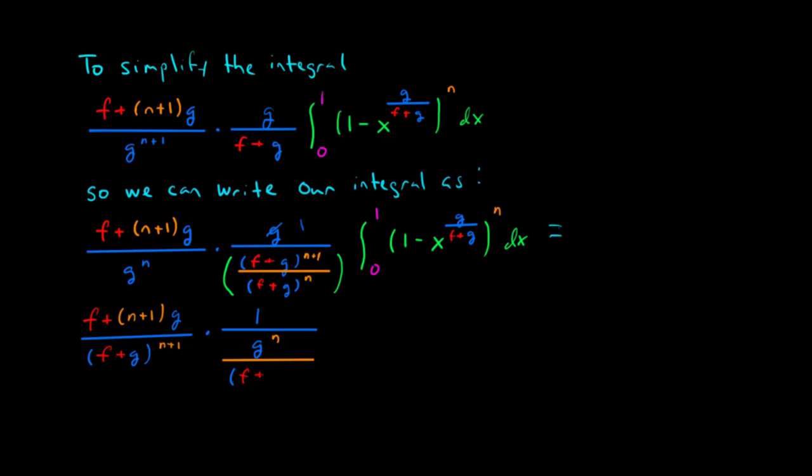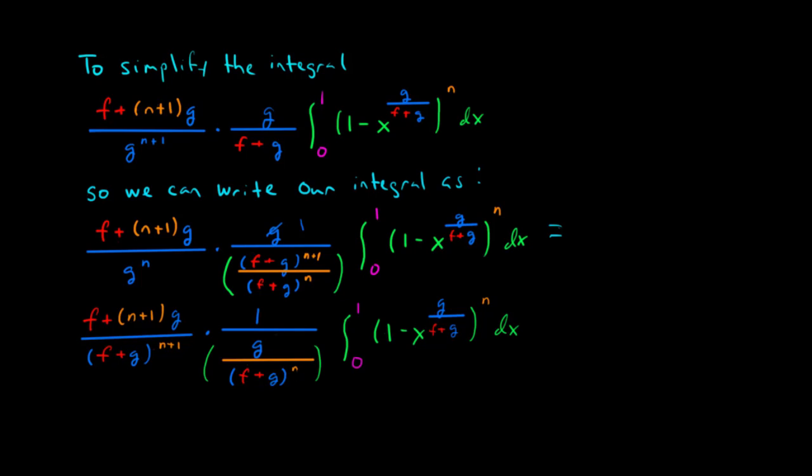And then I'll still have f plus g to the n right down here. I'll put some parentheses around that expression. And then this will, of course, multiply our integral, which I haven't changed, the integral from 1 to 0 of (1 minus x) to the g over f plus g, close parenthesis, all to the n dx.